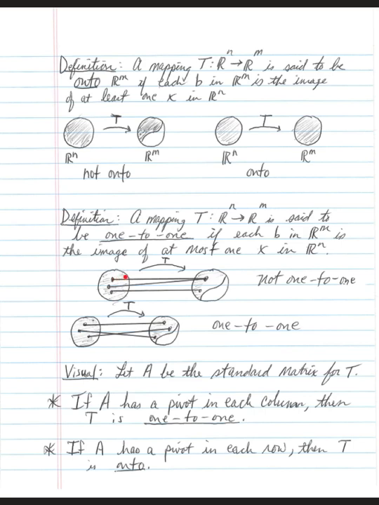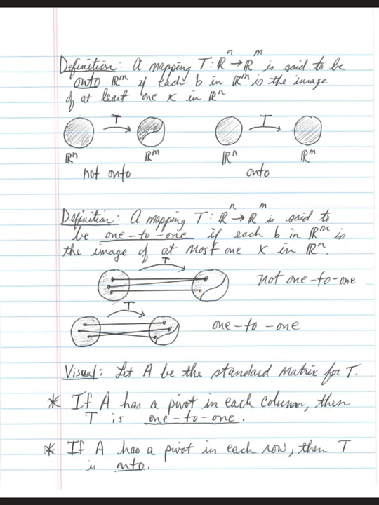Let T be their transformation. Those first 2 vectors map to the same vector in the codomain, and because it lands in the shaded region over here, it's actually in the range. Not one-to-one, because you have 2 x's that get transformed to the same image. The third one was fine. It got mapped on a one-to-one basis.